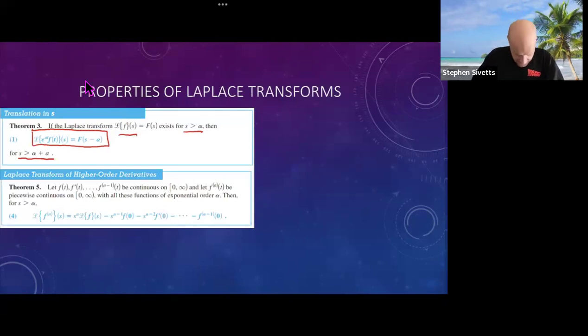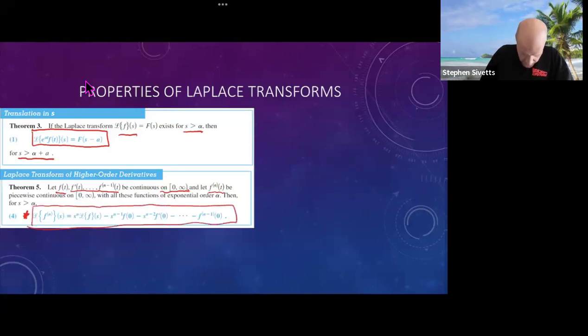If we know that a function f of t and its derivatives are continuous on any non-negative integer, and we know that the nth derivative at t is a piecewise continuous function for t greater than or equal to 0, then the Laplace transform of the nth derivative at s is equal to this quantity here.